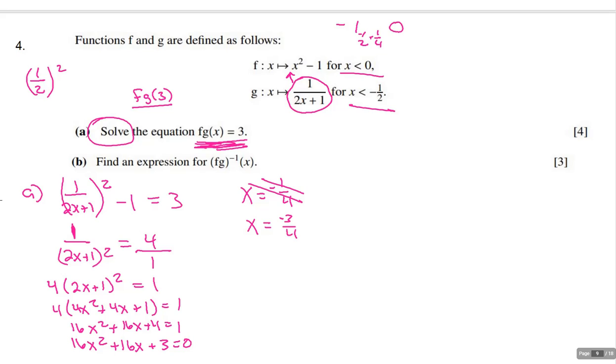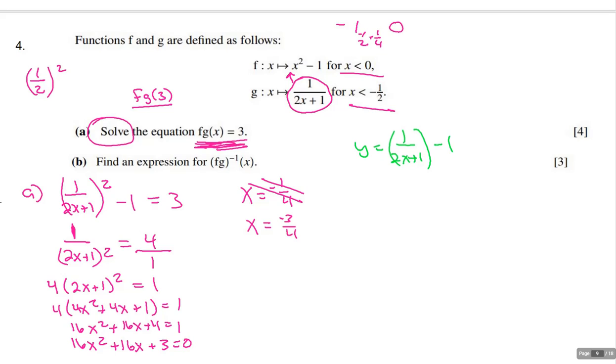All right. Now tell me about B. It wants you to find the inverse of f of g. And I'm going to tell you, a whole lot of times with these inverses, I'm going to write it down here. What do we got? Basically, let's say y equals 1 over 2x plus 1 all squared minus 1.